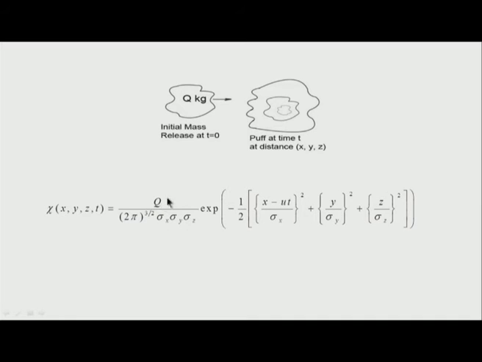You recall when we had a puff, you had q divided by (2 pi)^(3/2) sigma x sigma y sigma z, exponential of minus half into x squared by sigma x squared plus y squared by sigma y squared plus z squared by sigma z squared, and now instead of x in the frame of reference of the wind, I have (x minus ut) squared, and therefore the concentration at x, y, z and time t is given by this particular relation.